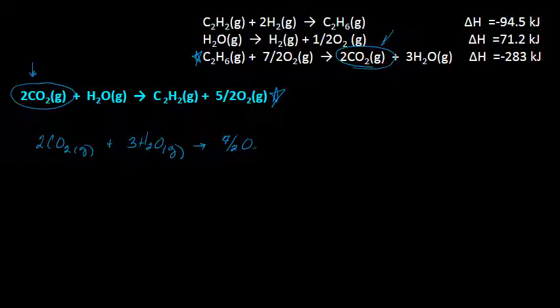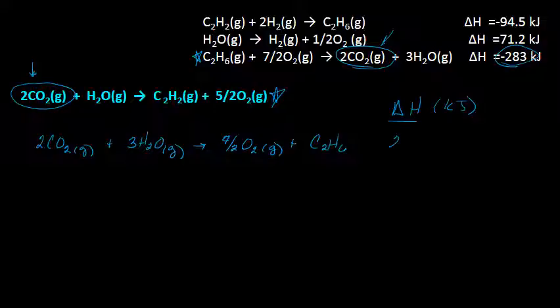Don't freak out about the fractions, it's not that big of a deal, plus C2H6. And let's not forget to write down the enthalpy. Well, we had negative 283 there, so we need to make sure that we flip the sign because we flipped the equation.